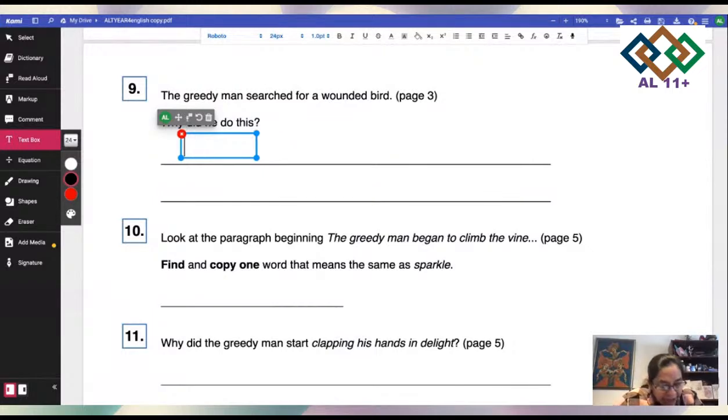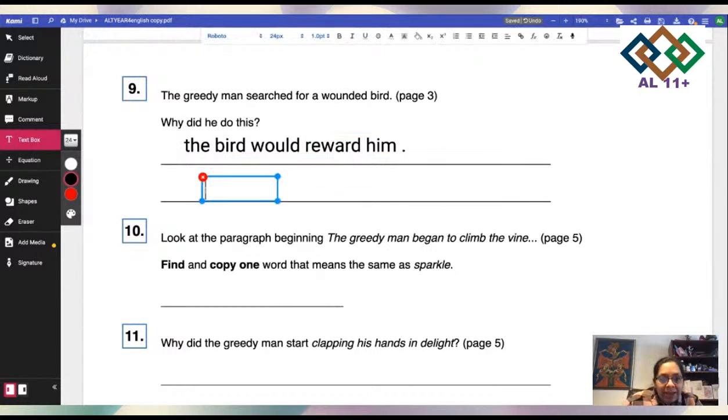He was looking for the bird because the bird would reward him, make him rich. Another way why, so that he would be given gold by the bird.